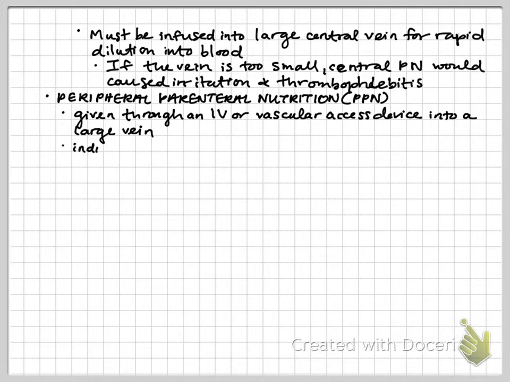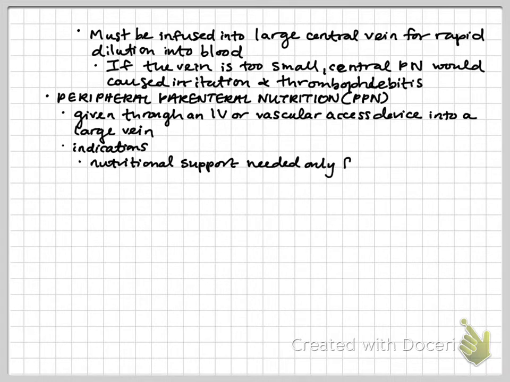Indications include nutritional support, obviously. Needed only for a short time. So as opposed to central parenteral nutrition, this is for a short time, and that goes the same for central lines and PICC lines.